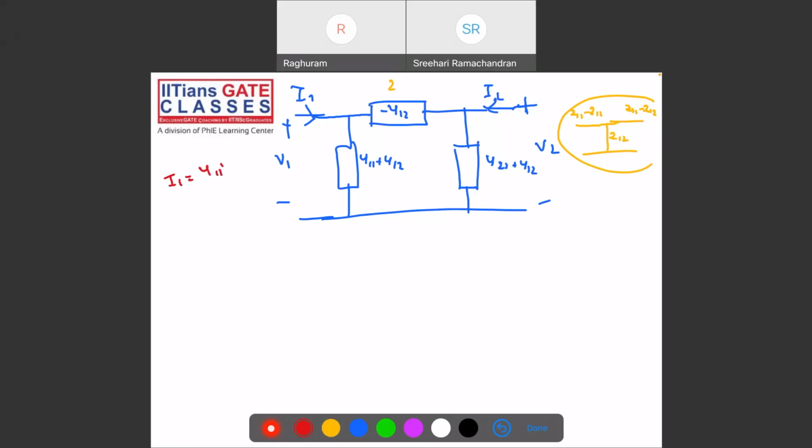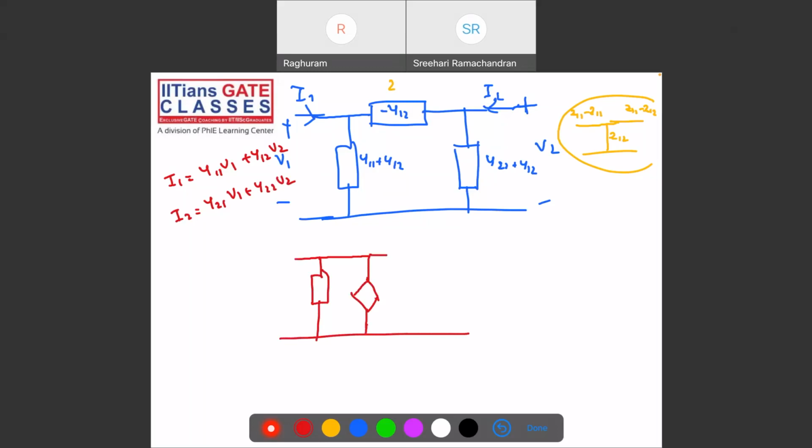I1 is equal to Y11 V1 plus Y12 V2, and I2 is equal to Y21 V1 plus Y22 V2. It is the dual of the previous one.